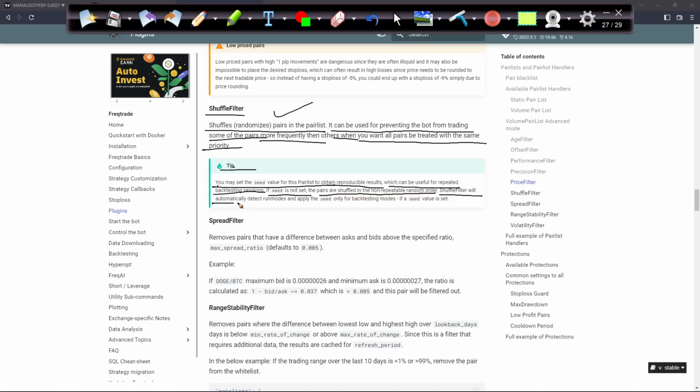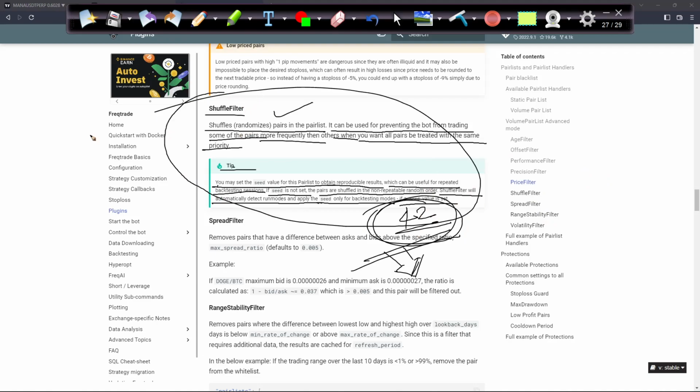The shuffle filter will automatically detect run modes and apply the seed only for backtesting modes if a seed value is set. Okay, so if we set the seed value to 42, and after 2 days we apply the seed value again as 42, it will not be that random, but it will basically get the same pairs again and again, so that we can do backtesting properly, right?